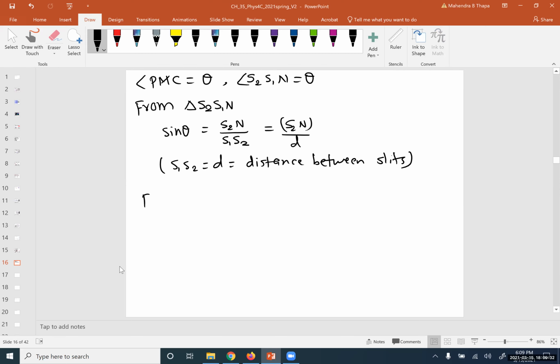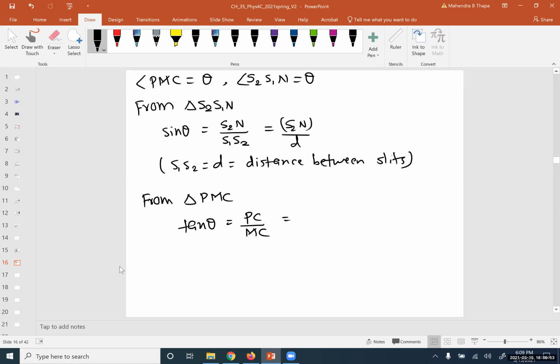Now we can keep moving with our geometry. From the other triangle, triangle PMC, I can write tan theta equals PC over MC.